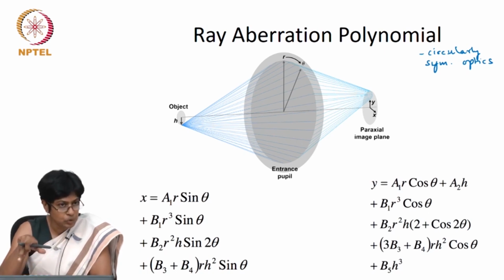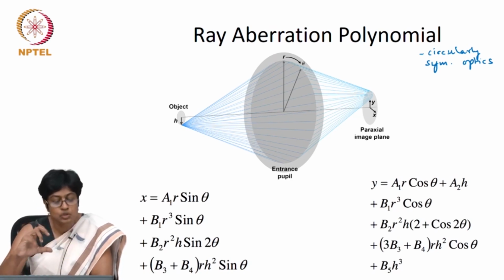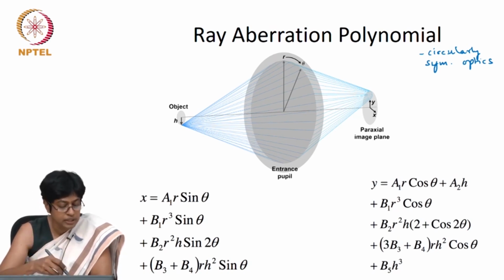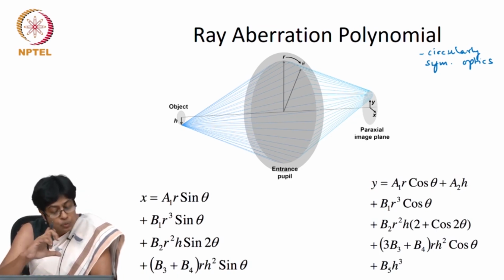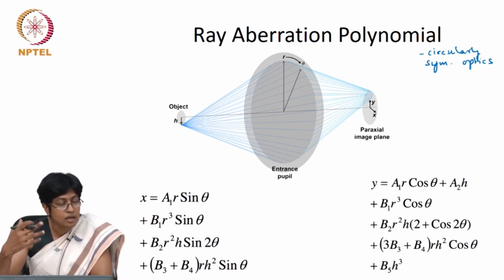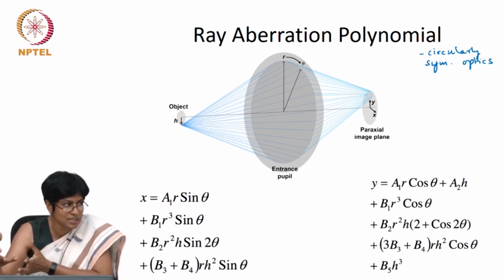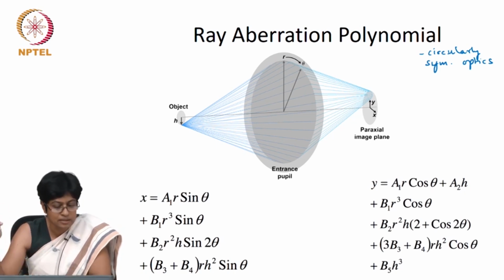One of the reasons for taking that assumption is I can always rotate. So I have an object here, you can say an object of height h. I can always rotate the object such that that height of interest to me lies along the y-axis of the system. And because it's circularly symmetric, it doesn't matter, right? So that helps in our analysis.